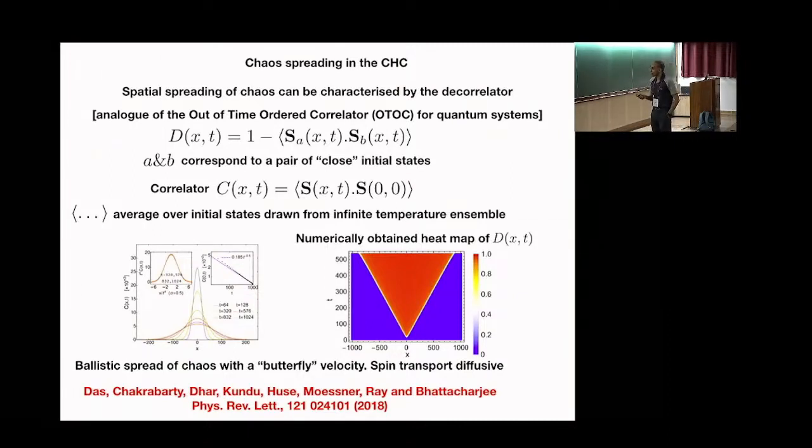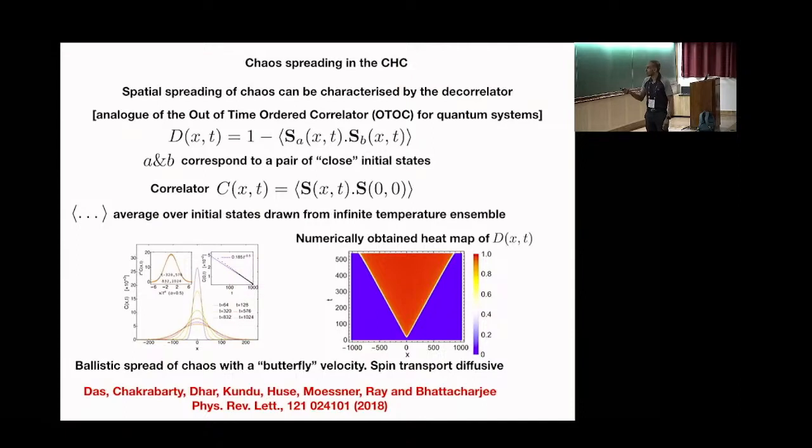And what is found for this model is that if you start the system out with initial conditions which are identical at all spins along the chain, except for one spin sitting at x equal to 0, and you calculate this object as a measure of the divergence of trajectories, you see that this initial disturbance spreads ballistically.